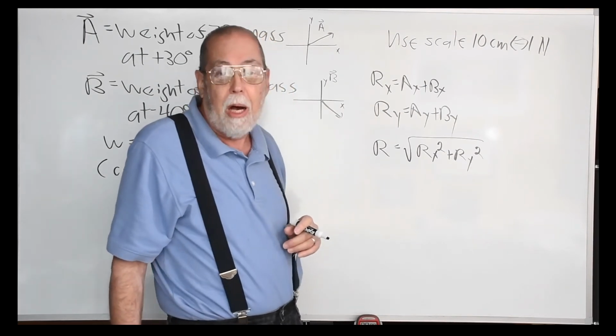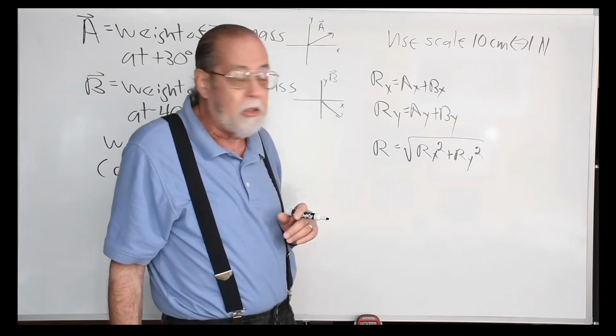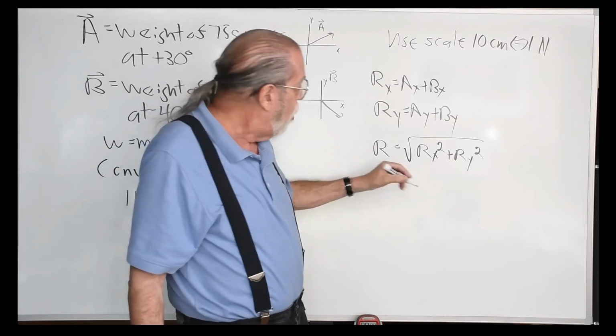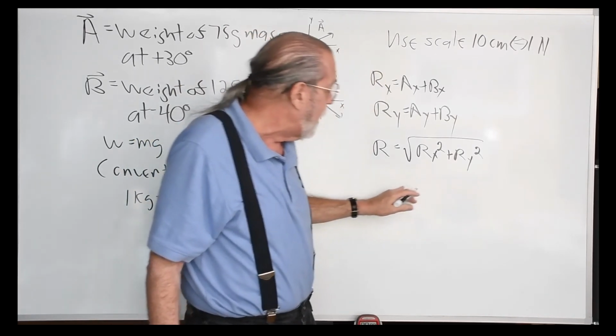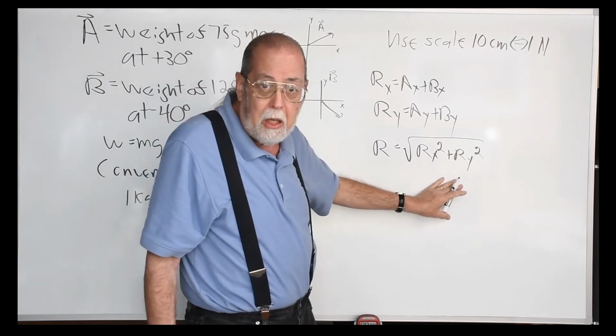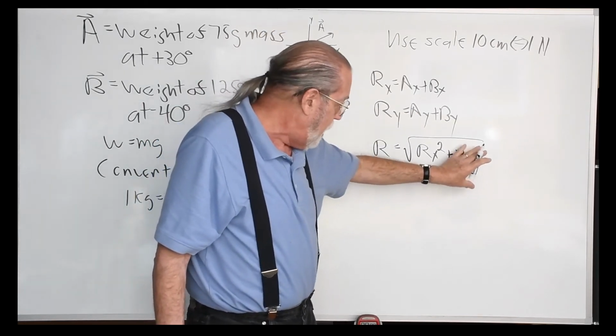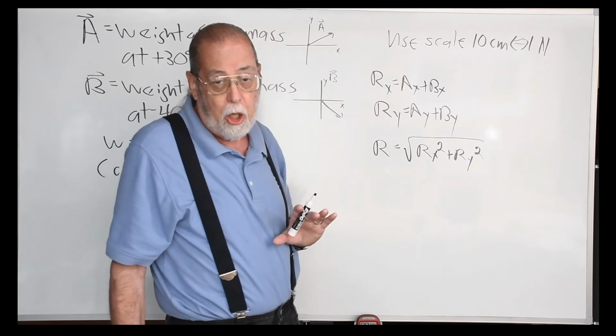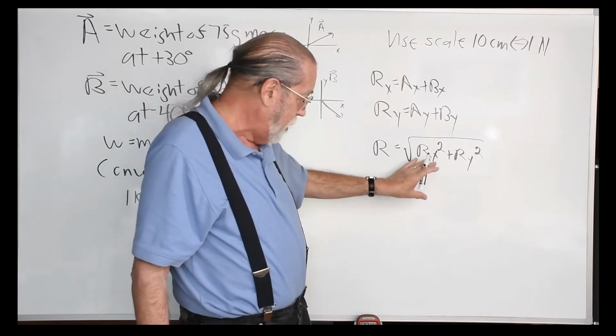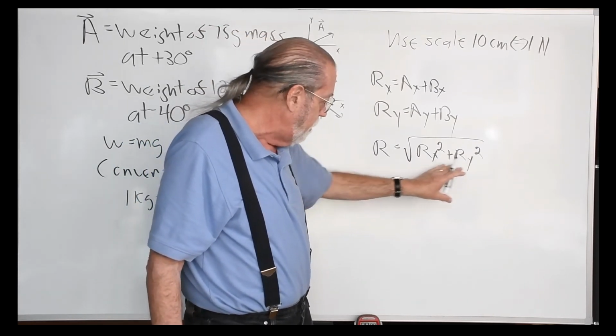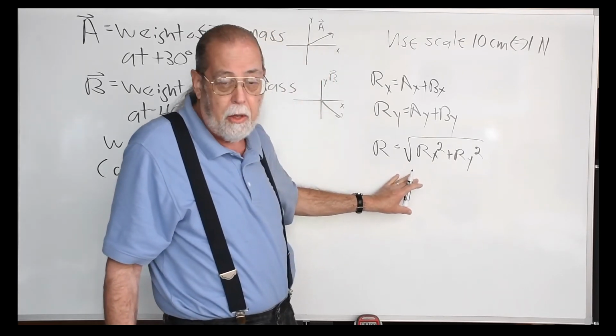One component is positive and one component is negative. However, when you calculate the magnitude of a vector, you never use the negative sign because it is squared and the negative sign goes away. You always use positive numbers here when you use the Pythagorean theorem.